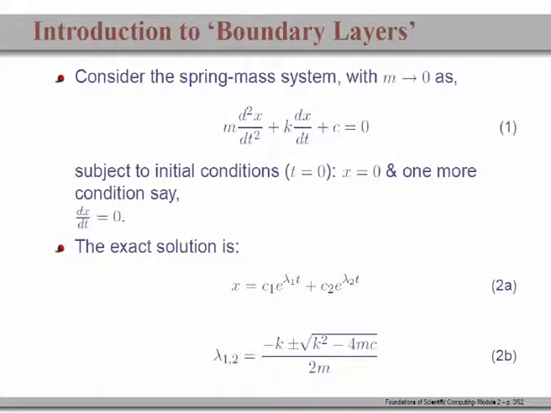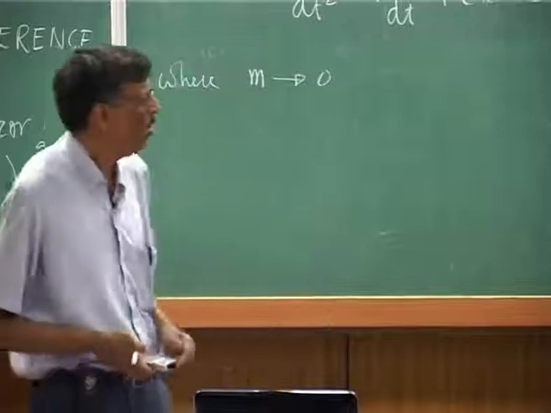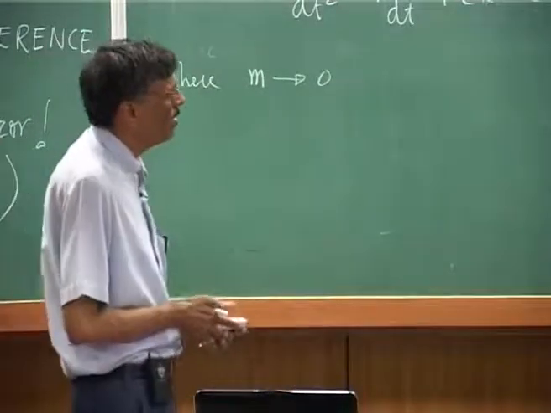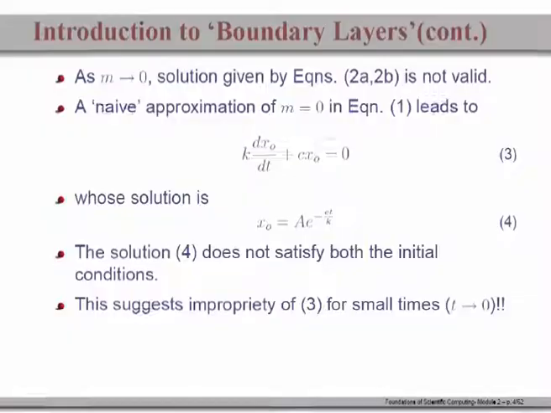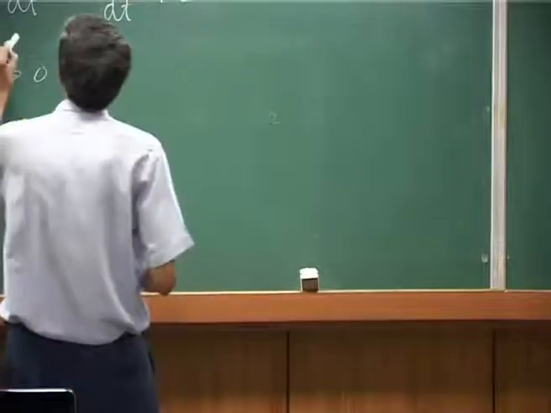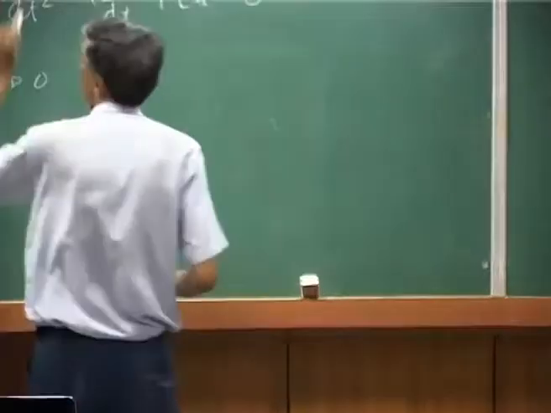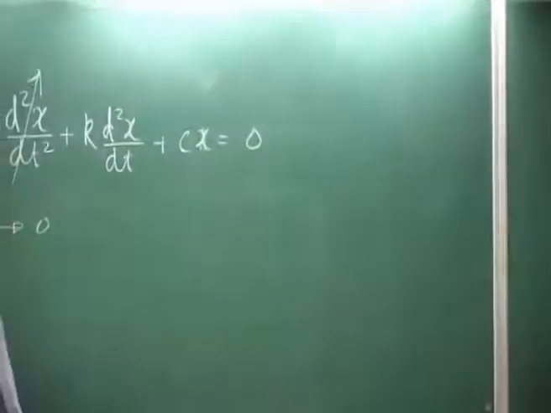So, what do you do? You can see that a naive approximation applied on the governing equation here, by switching this term off, will not do. Why?